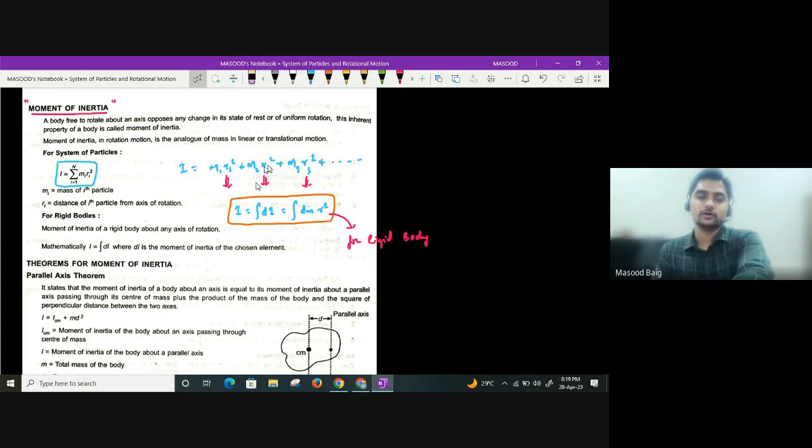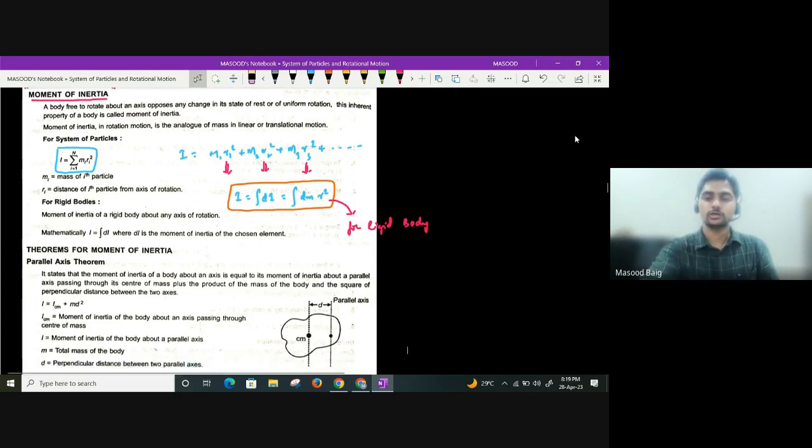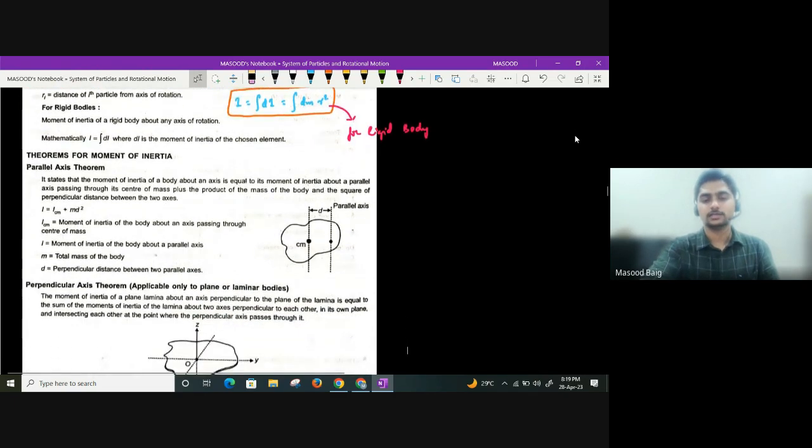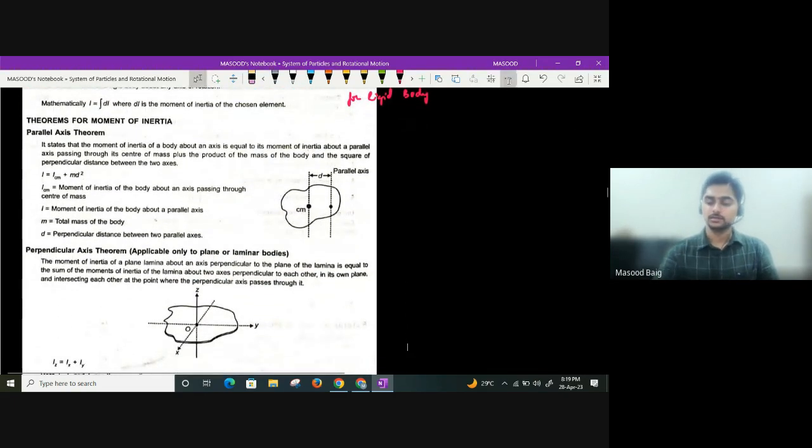In order to find the moment of inertia for different objects, we are going to make use of two theorems called the parallel axis theorem and the perpendicular axis theorem. What they are saying in the parallel axis theorem: let us take two parallel axes, both should lie in the same plane, and one among them should be passing through the center of mass.